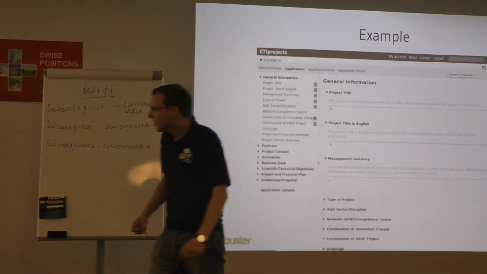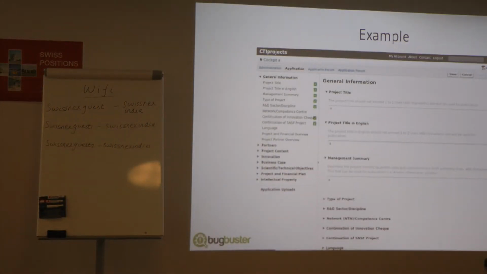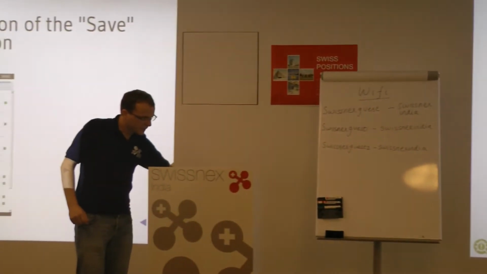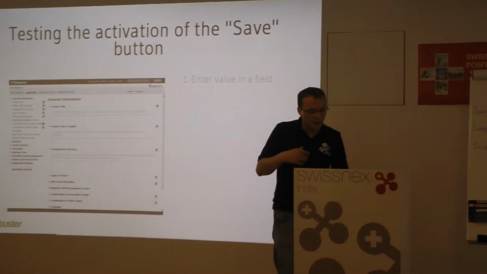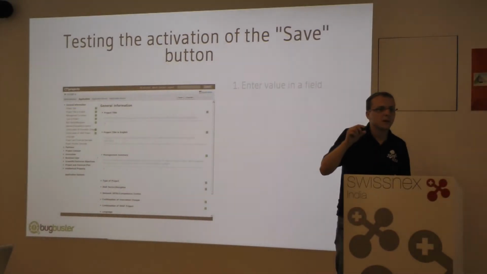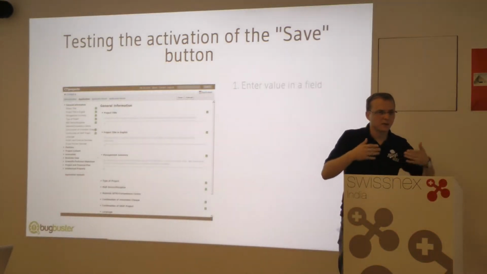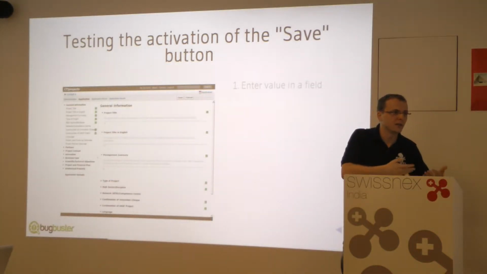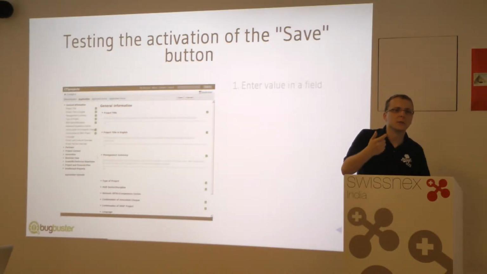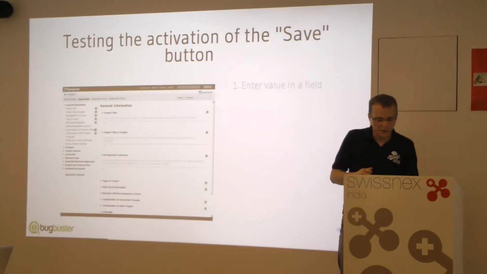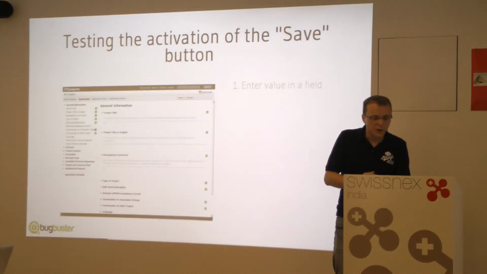So basically, you have this huge form and you have different sections where you have to type something inside. So what we've done is basically to verify that the save button is available, that the save button is enabled, because by default it's disabled, and when you change the state of your form, the save button will be available. So what you need to do is pretty simple.